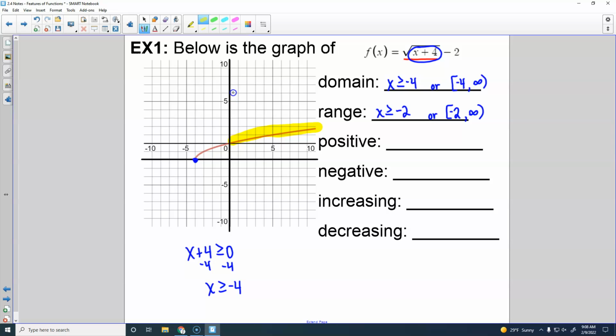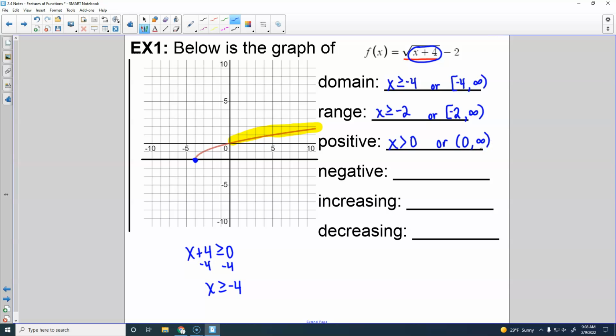So that happens right there at 0 and beyond. So you would either say that x is greater than zero or 0 to infinity.